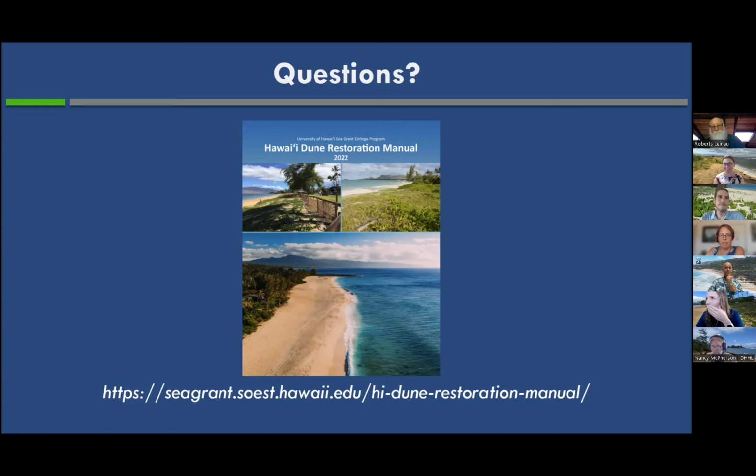Okay, sorry, I was answering questions in chat. Tammy's question is, could you essentially do a dune restoration or a vegetation management project in association with the Ka'anapali beach renourishment project, as an alternative to that project?